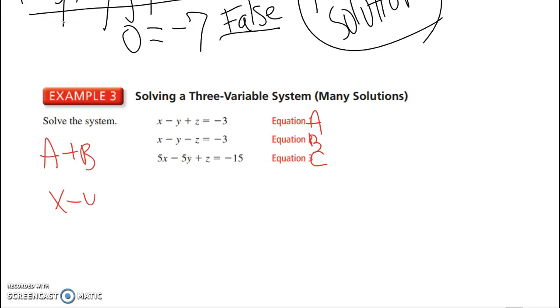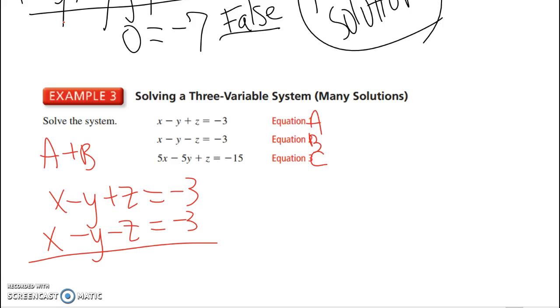So I'll get x minus y plus z equals -3. x minus y minus z equals -3. So if I add these equations, I cancel out my z's, and I get 2x minus 2y equals -6.